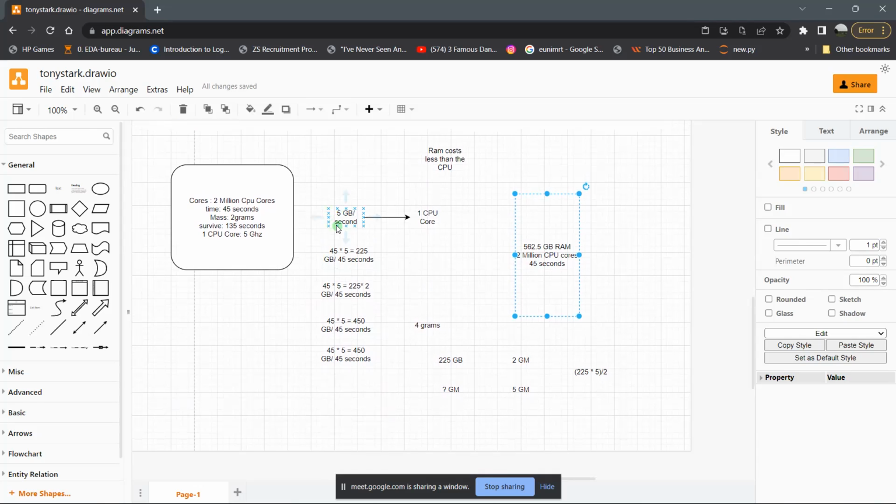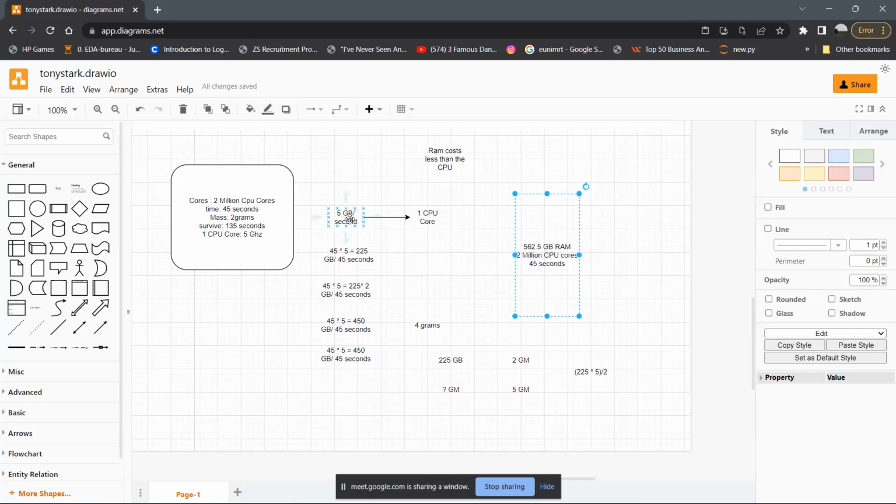See, now you know that 5 GB is for 1 second, from 5 gigahertz, right? Now we are having 45 seconds, right? That means each core is fully occupying these 2 grams, and that is for 45 seconds.